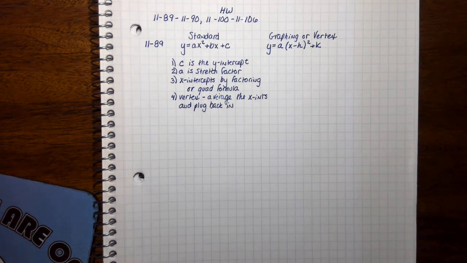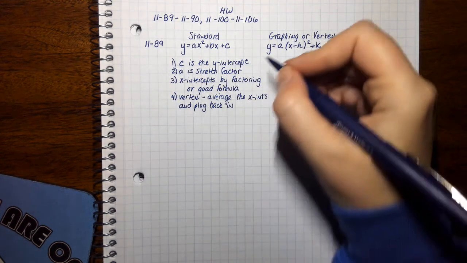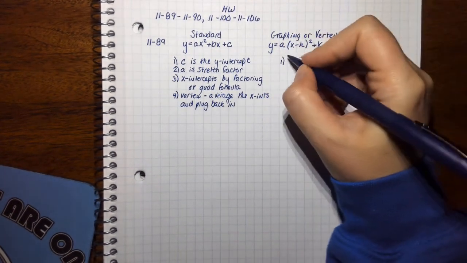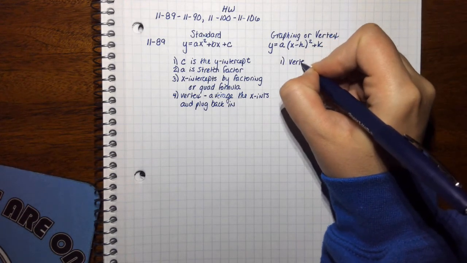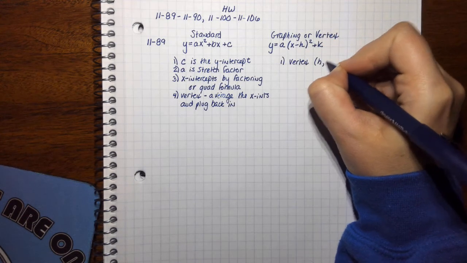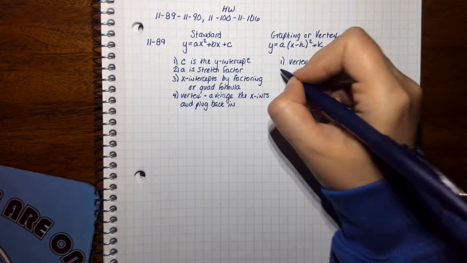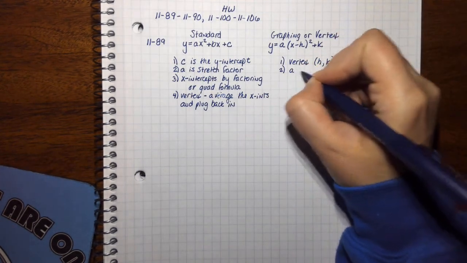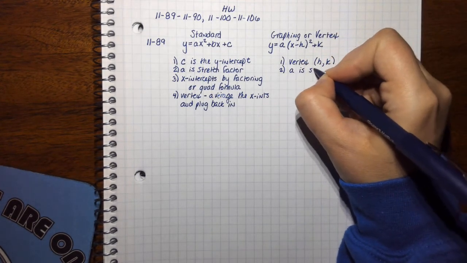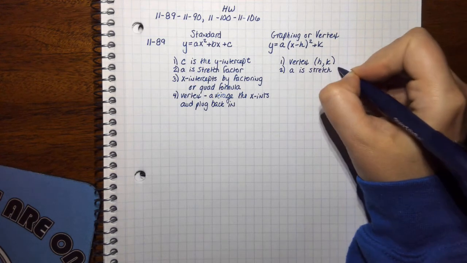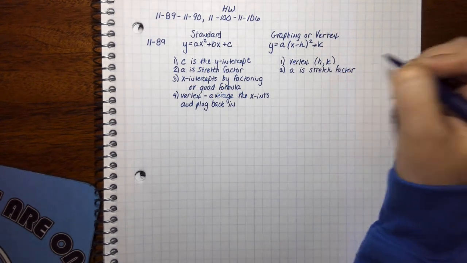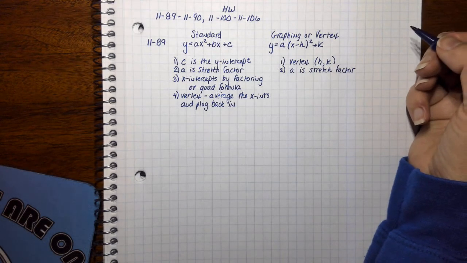Okay, graphing or vertex form, well, you can tell from the name of it what its features are. First of all, the vertex is extremely easy to find. It's (h, k). a is still your stretch factor. It's not as easy to find the x-intercepts.